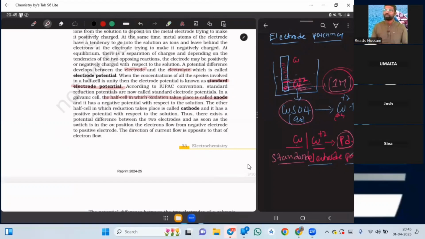The half cell where reduction takes place is cathode. If you have textbooks, you can also underline whatever I am highlighting here, because these are basic points, and you can revise the concepts very quickly. So once again, what is anode? Anode means where oxidation takes place. Cathode means where reduction takes place.